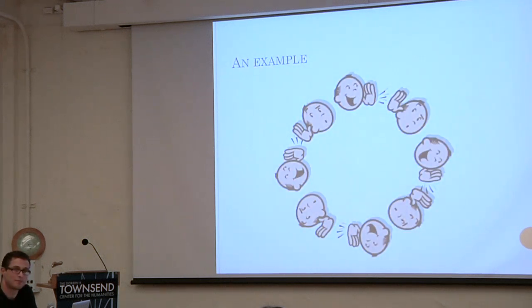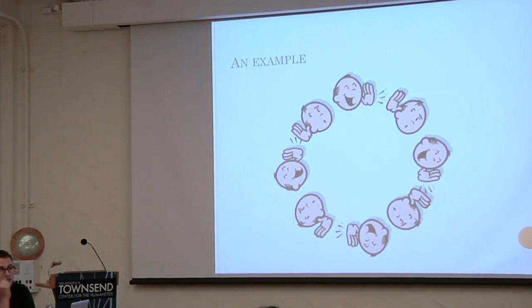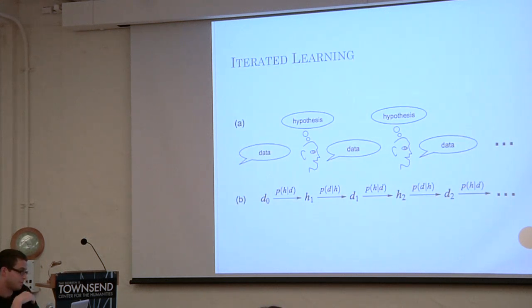So here's an example. Who's played the telephone game when they were little? Of course, we've all played it. If I say a sentence to somebody right here and then we pass it around and somebody over there says it, it's going to be completely different. And Bayes' theorem predicts how that changes. So what happens is that you have the data, which is like a little talking bubble.